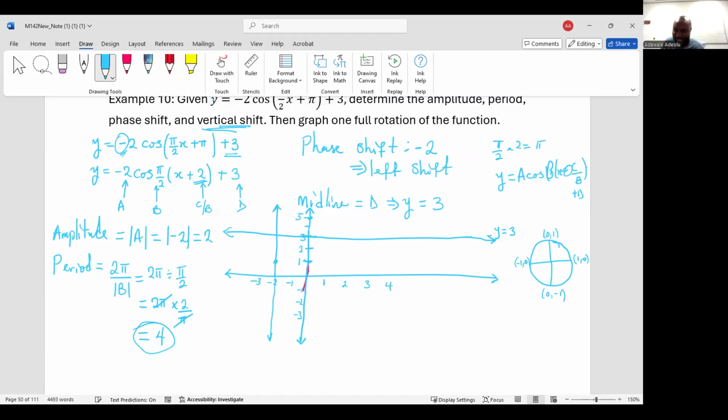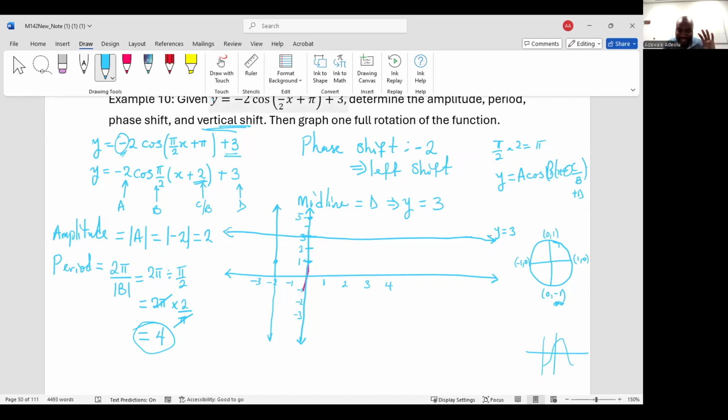Now, our graph is going to start from somewhere here, right? So that means we are starting from this side, from the negative parts. Now, remember the period is 4.